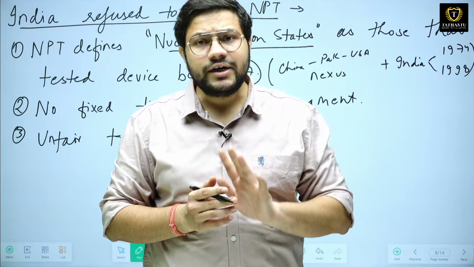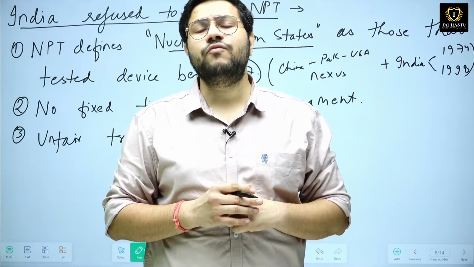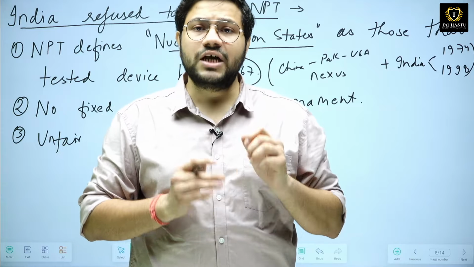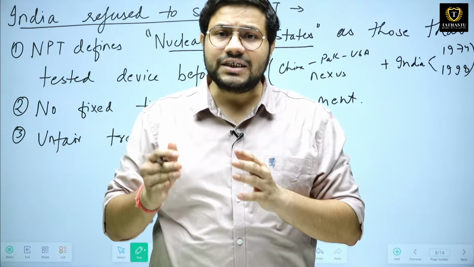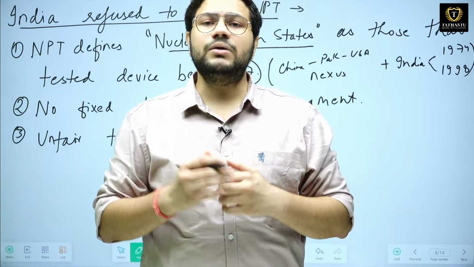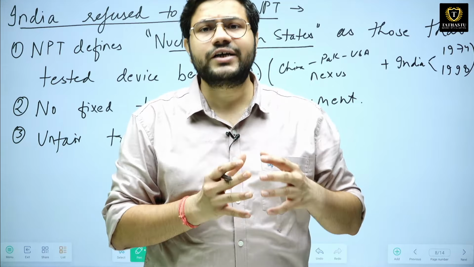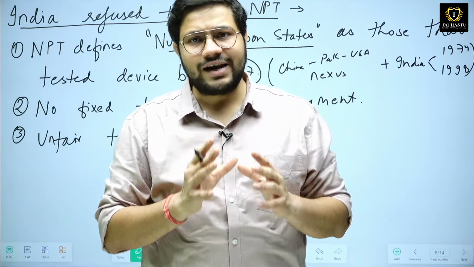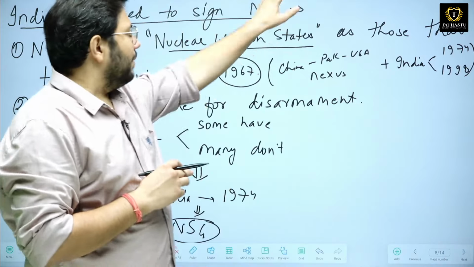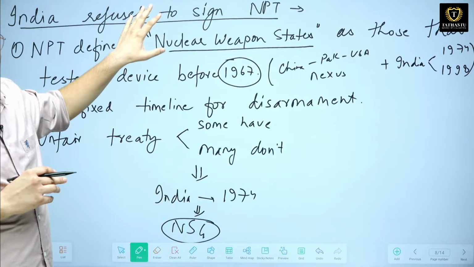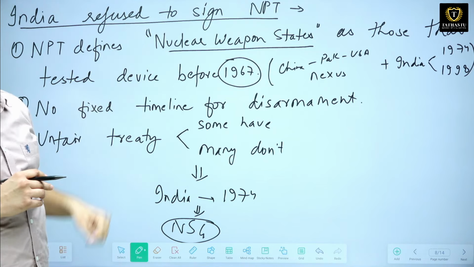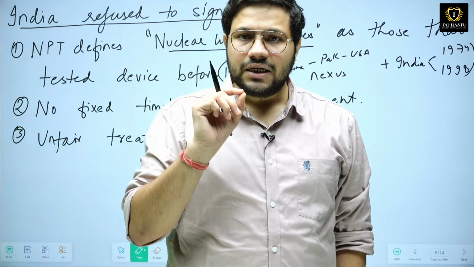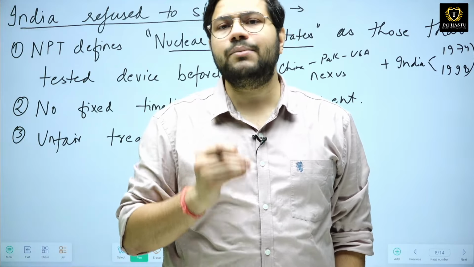But because our political leadership was not in favor of making nuclear weapons, Homi Jehangir Bhabha and the other scientists were prohibited from developing nuclear weapons, and they were restricting their nuclear knowledge only to the production of electricity. But when this NPT was formulated and 1967 was kept as a date, it was a sign for the Indian leadership that this is a treaty which is trying to discriminate against India.